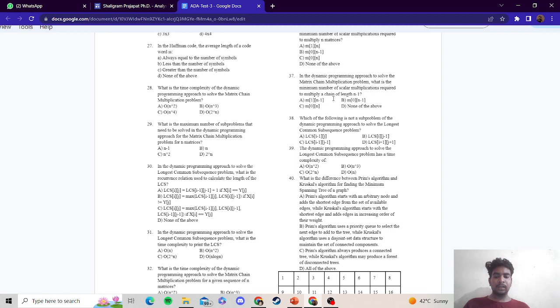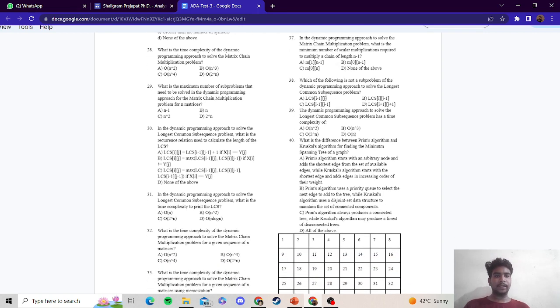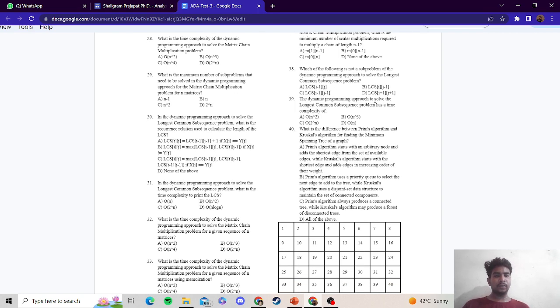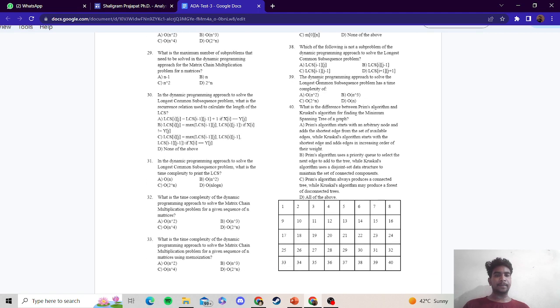So here option number B is the right answer. Question number 38. Which of the following is not a subproblem of the dynamic programming approach to solve the longest common subsequence problem? So option number D is the right answer.